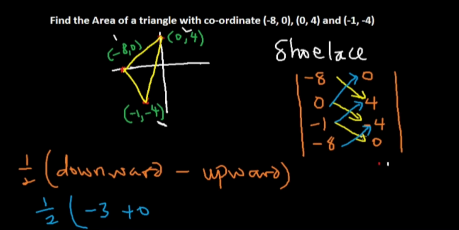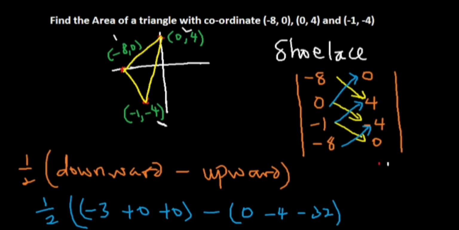Then minus 1 times 0, that's still plus 0. Then minus the ones going upwards, 0 times 0 is 0. Minus 1 times 4 is minus 4. Then minus 4 times this, that is minus 32.